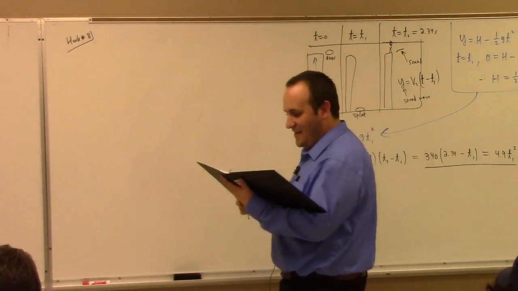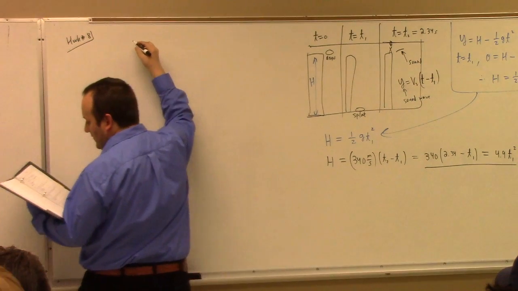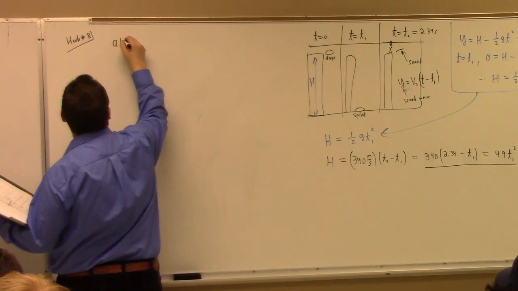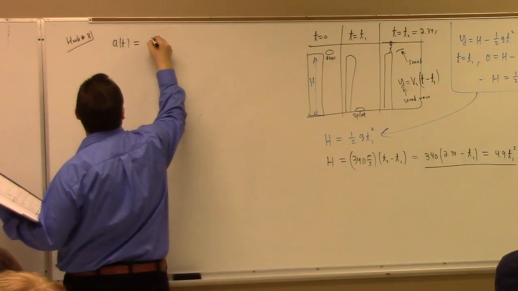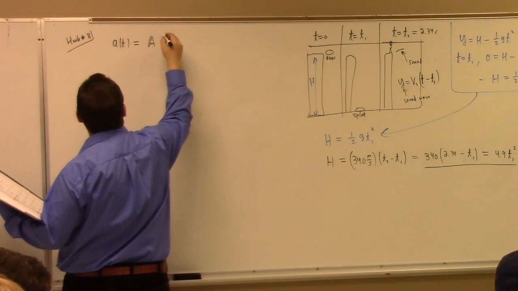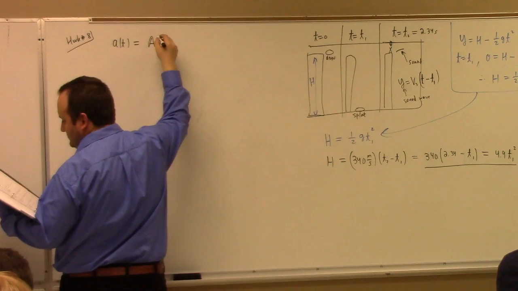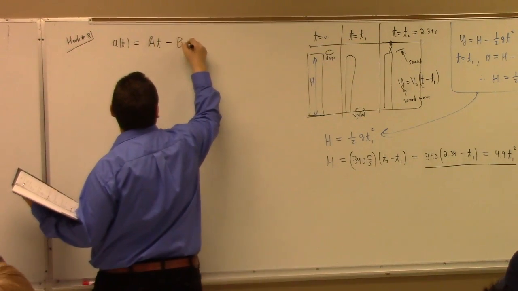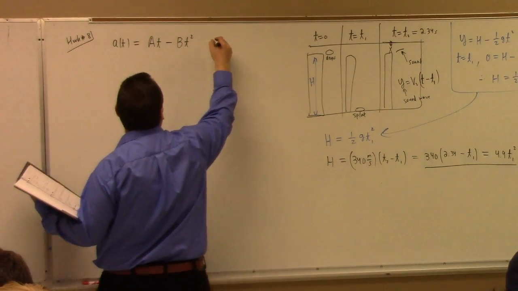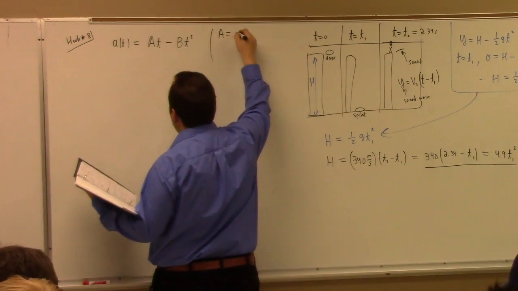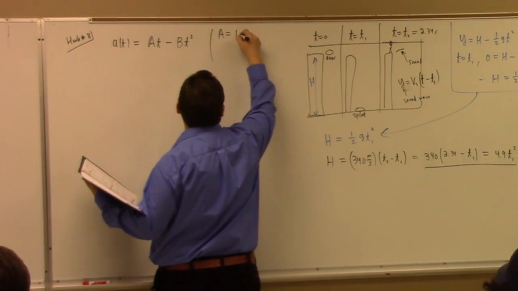Oh, well, this one's easier. Thank you. So you have the acceleration of a motorcycle. Number 7 for me is the balloon one. Did you guys have a balloon one? It's a equals At minus Bt squared, and you're given values. A is 1.5 meters per second cubed.